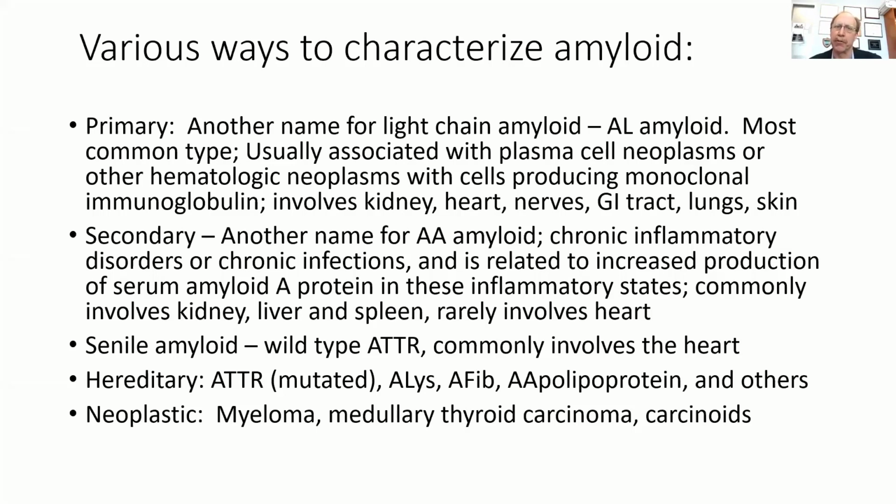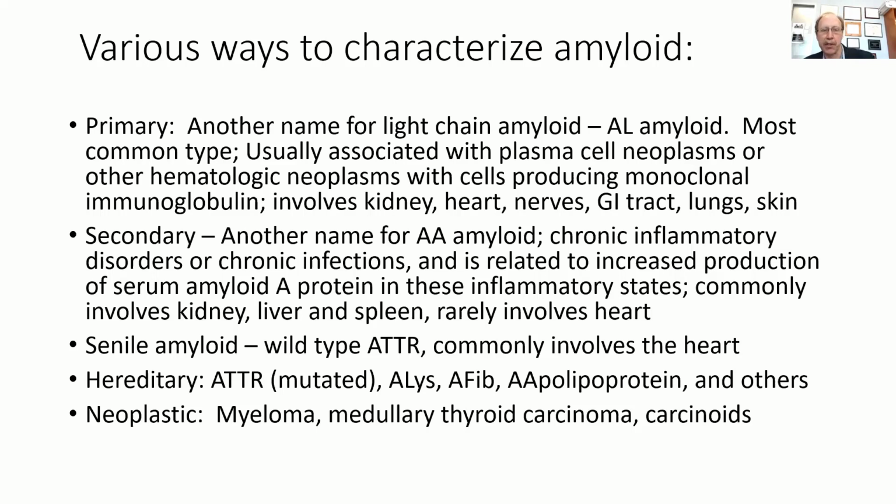Secondary was a name for the other common type, the amyloid AA type, seen with chronic inflammation or chronic infections, and related to increased serum production of these amyloid A proteins in those inflammatory states. Again, it tends to involve the kidney, the liver, the spleen, and is less likely to involve the heart.